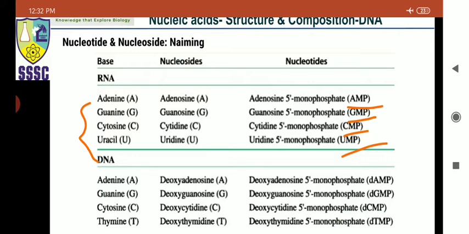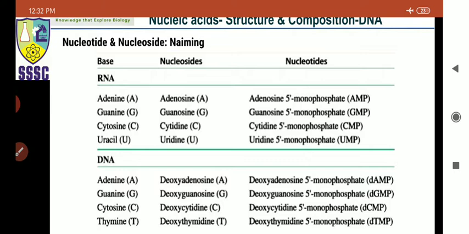But when you talk about DNA, the things will be the same, but you have to say them as deoxy. So adenine, guanine, cytosine, thymine plus deoxy sugar is known as deoxyadenosine, deoxyguanosine, deoxycytidine and deoxythymidine.